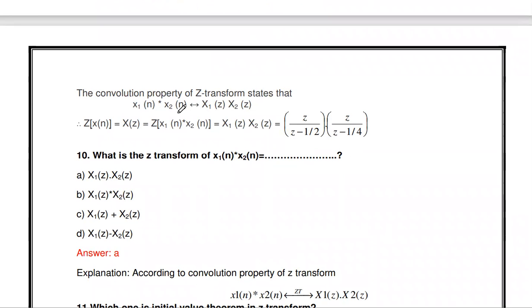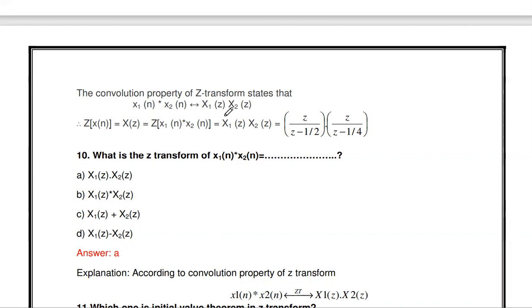If you take the convolution of two time domain signals, the Z transform of the convoluted signal is the multiplication of the individual Z transforms. So x1 of n convolution with x2 of n gives capital X1 of Z into X2 of Z.